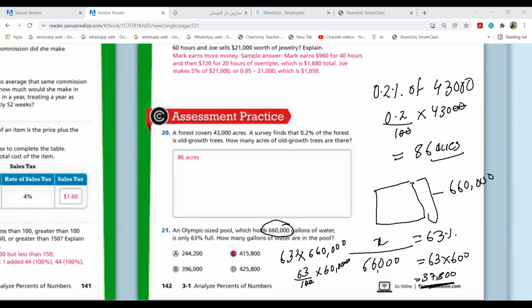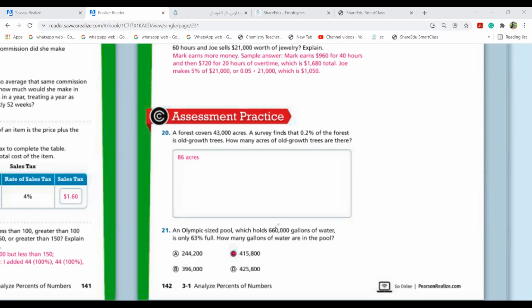Just a second, girls. Let me make it clear. One minute. First thing, I'll find 63% of the whole pool. This is the whole pool. How much is 63% of the whole pool? 63 over 100 multiplied by 660,000.